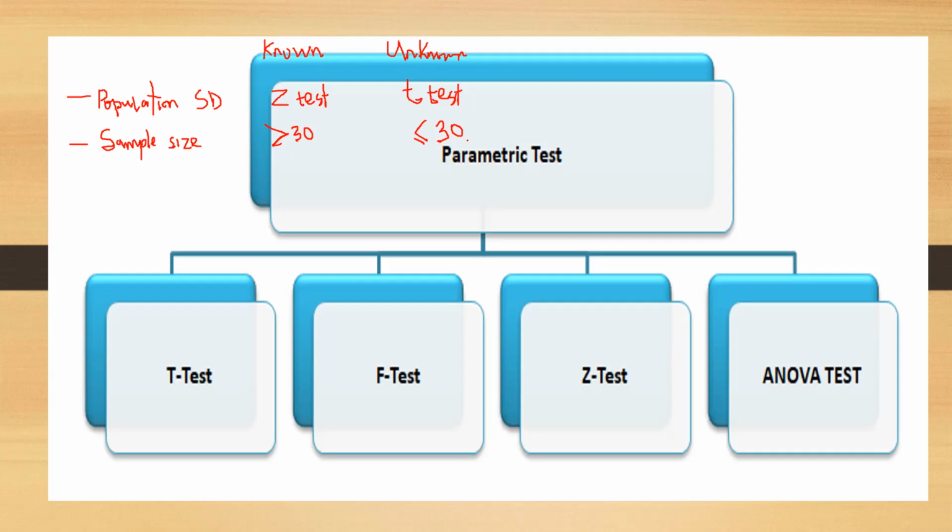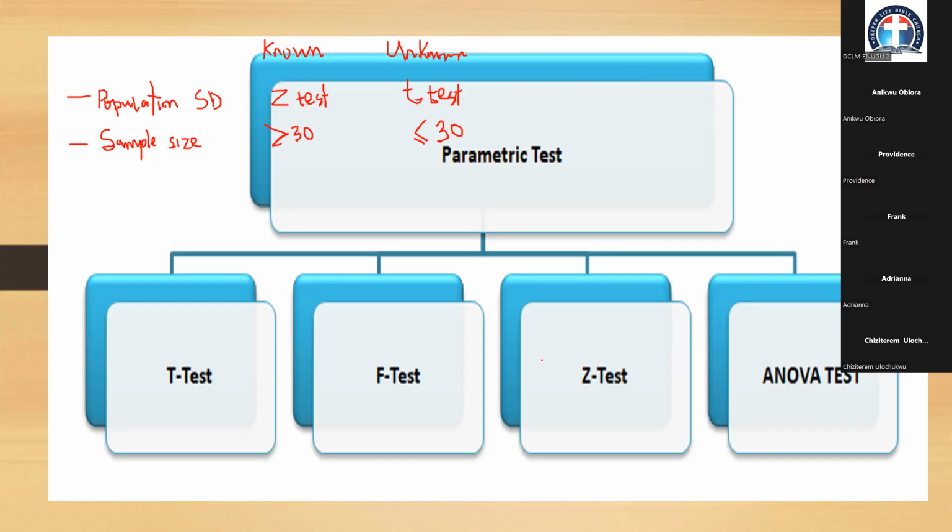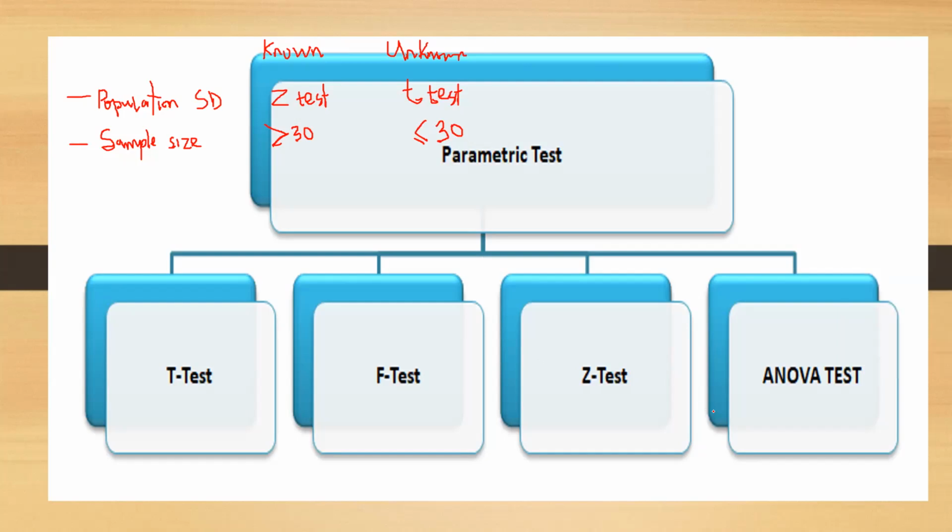Chinemerem, is it clear? Obiora, Austin, is it clear? Chisom, yes, sir, it's clear. Frank, are we together? Yes, sir. How about Victor? Victor, can you hear me? Yes, sir. Is it clear to you? Yes, sir. Tracy, is it clear?